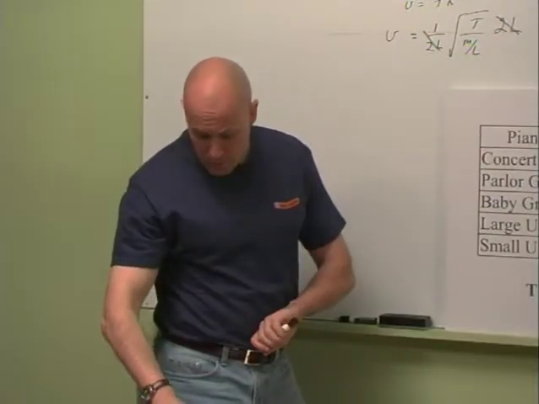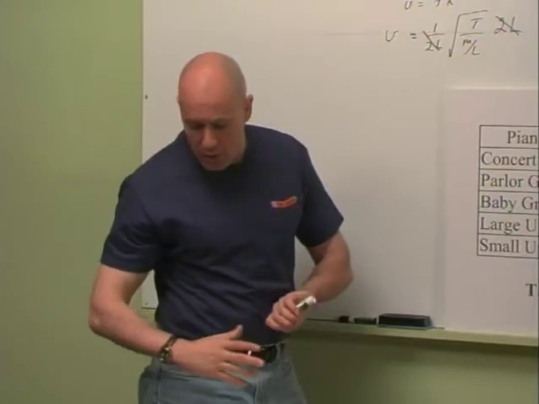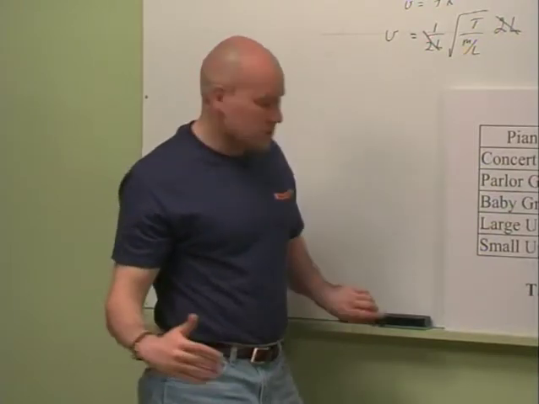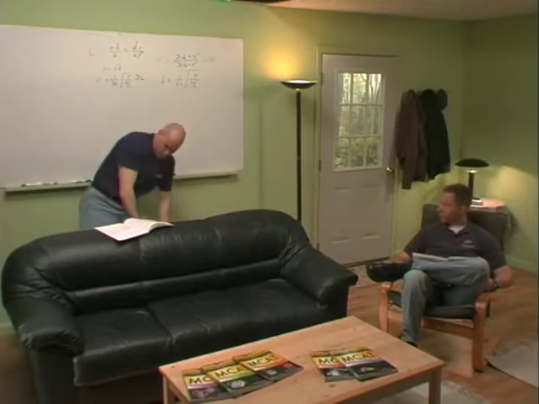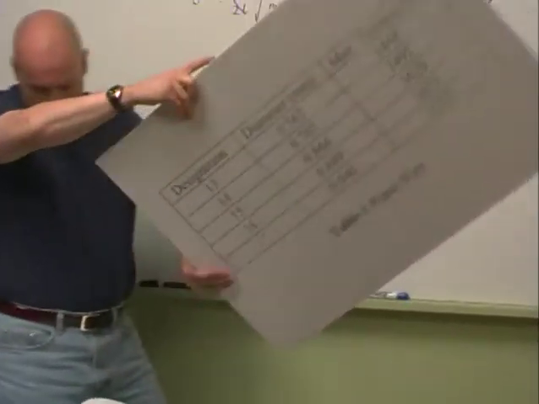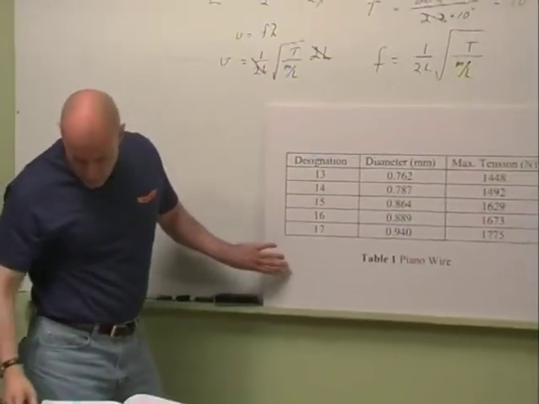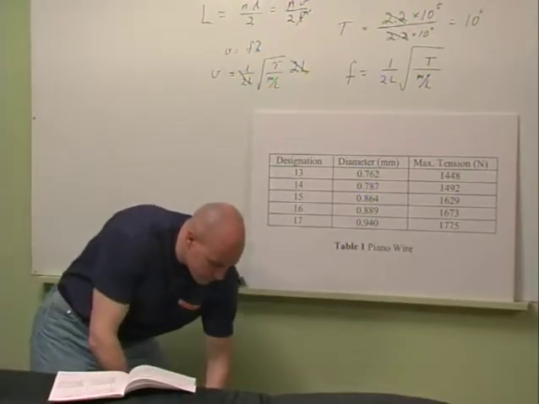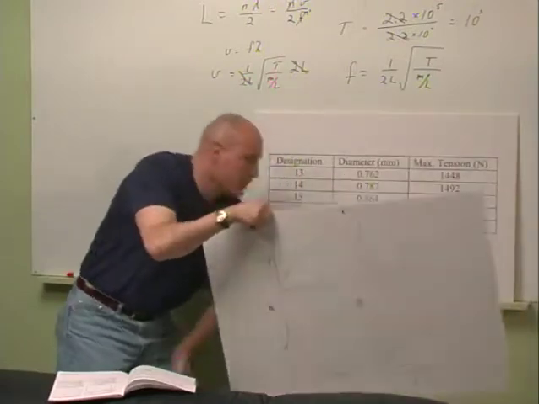Question 65. Which of the following graphs most accurately represents the relationship between the diameter of a piano wire D and the maximum tension? If we take a look at table 1, which gives diameter versus maximum tension, here are our possible answer choices.